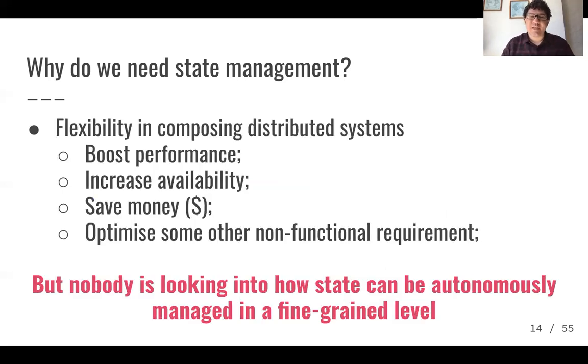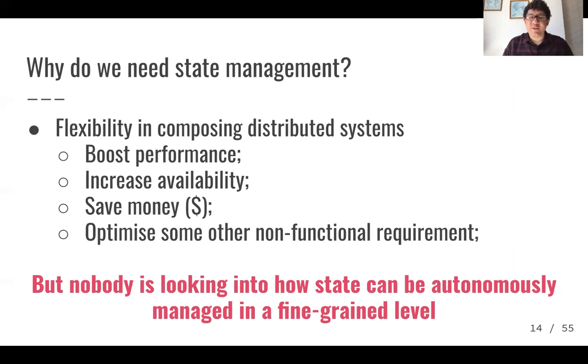All of that cool technology makes the system incredibly flexible in order to boost performance, increase availability, save you some money, or even optimize some other non-functional requirement, such as increased security.